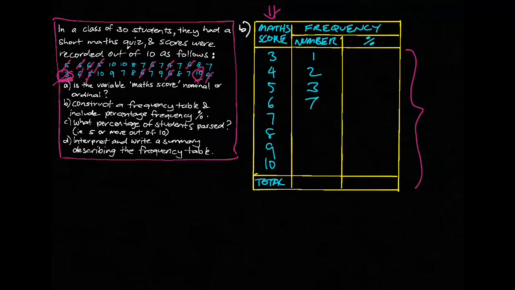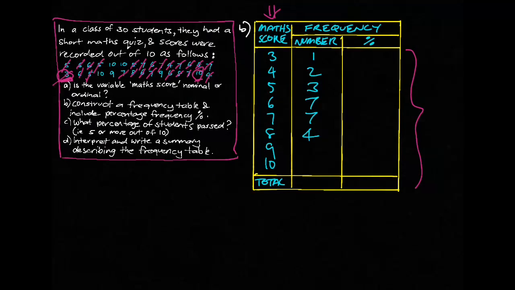How many people got a score of 7? 1, 2, 3, 4, 5, 6, 7. 7 goes in there as well. How many got a score of 8? 1, 2, 3, 4. And 9.